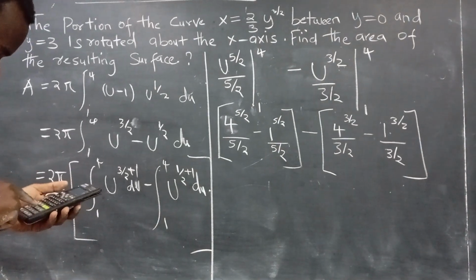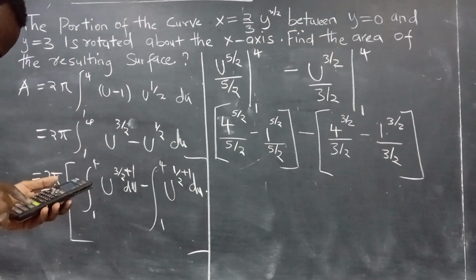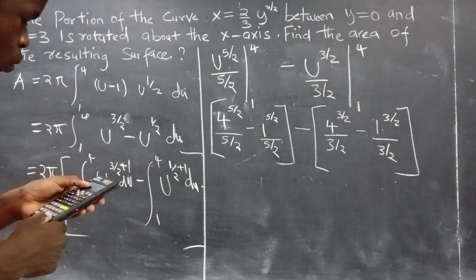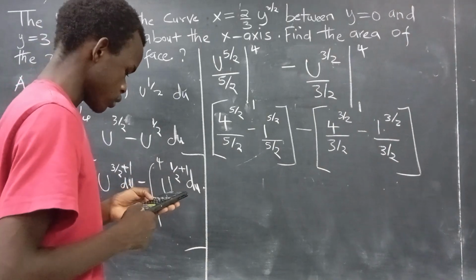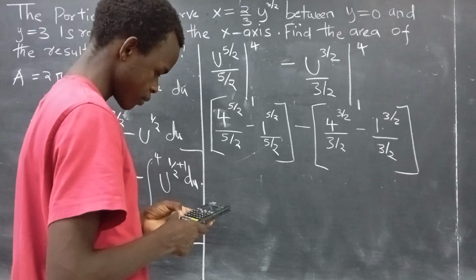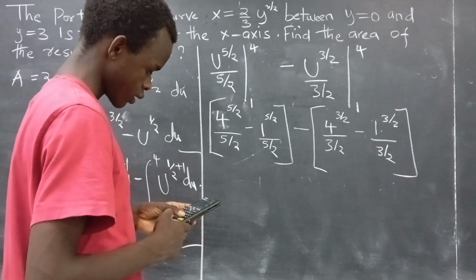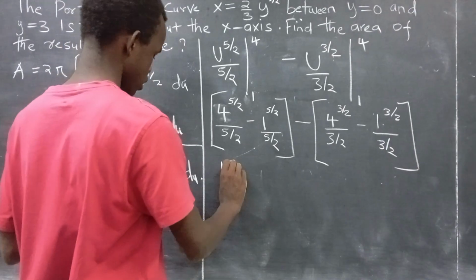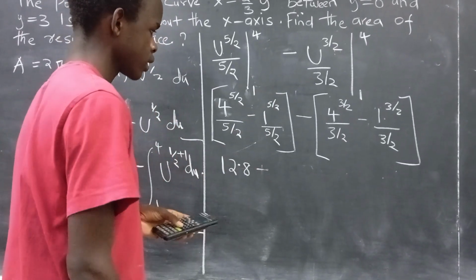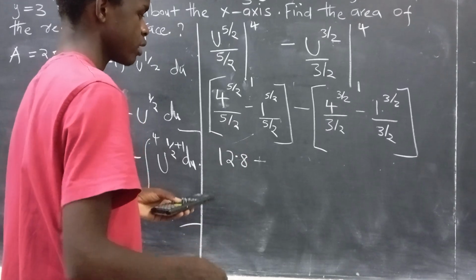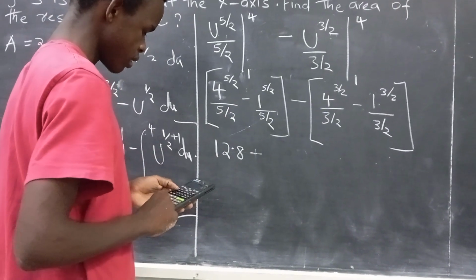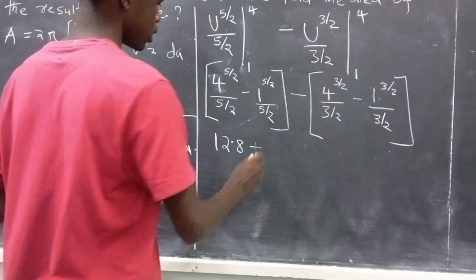Square root for that, 32 divided by 2.5, we'll get 12.8, so I'll get 12.8 minus 1 divided by 2.5, which is just 2 over 5, same as 0.4.